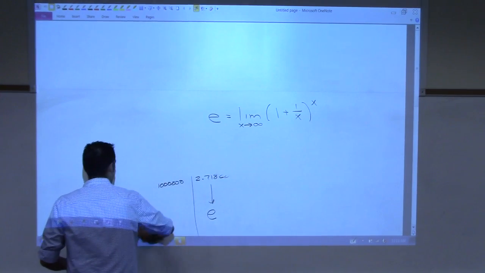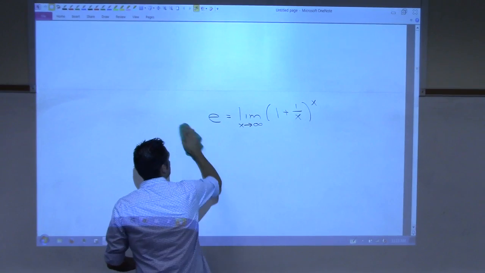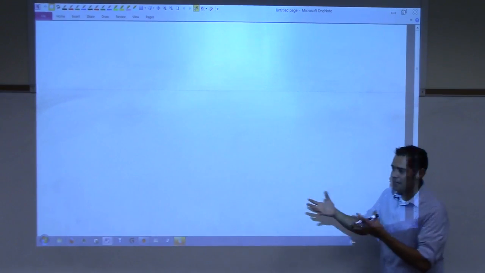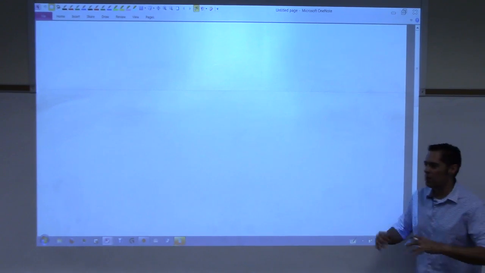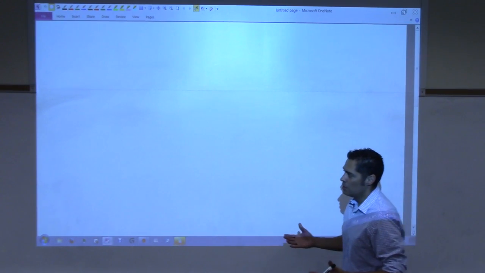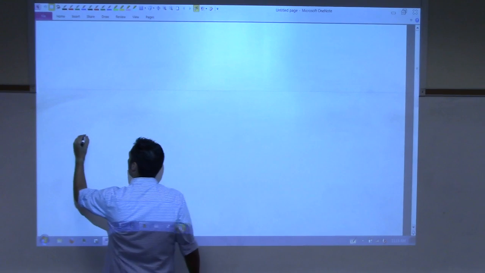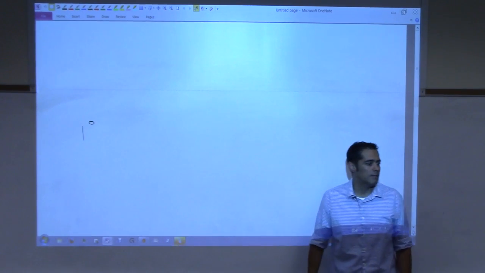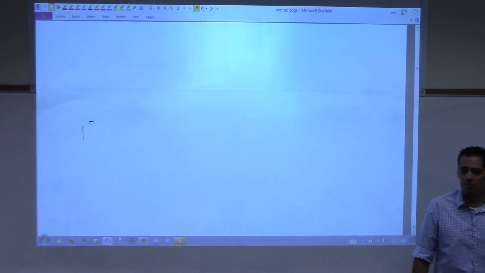Now, what we have to be careful with is getting this false idea that anything we see that involves 1s, 0s, or infinity, that they're all indeterminate forms. Like I had put up here just a second ago, 1 to the 0. Let's say we take a limit and we get 1 to the 0. Is that an indeterminate form?